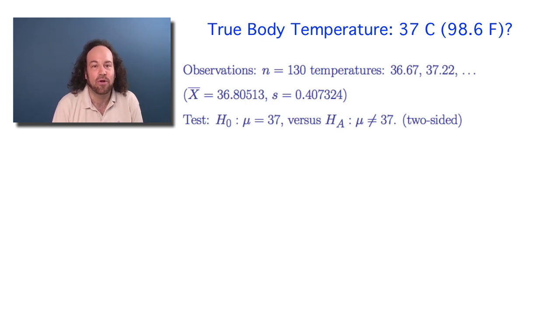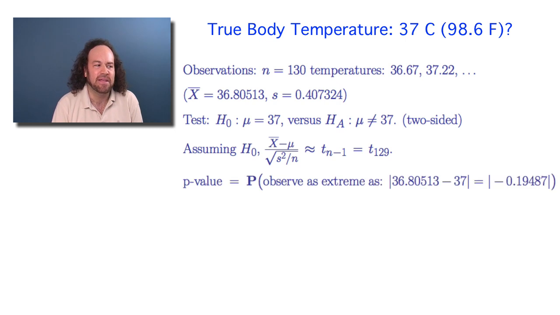Now, in this case, we don't have any prior knowledge of whether it's more or less. So again, we'll do a two-sided test. So in the theoretical world, again, assuming the null hypothesis, we can say that x bar minus mu over the square root of s squared over n should have a t distribution with n minus 1 degrees of freedom, or 129 degrees of freedom.